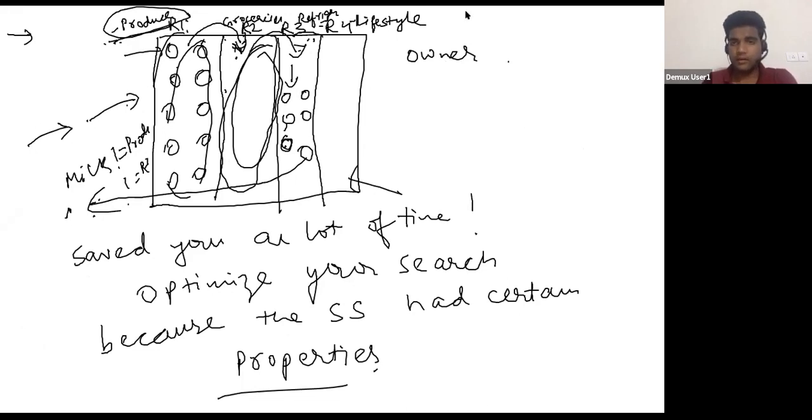Okay, so to summarize what I have told you till now, I just defined searching for you. I told you that searching is nothing but looking for an item with certain properties in a search space. And there are a wide variety of algorithms you can use for searching other than the brute force way of doing it.